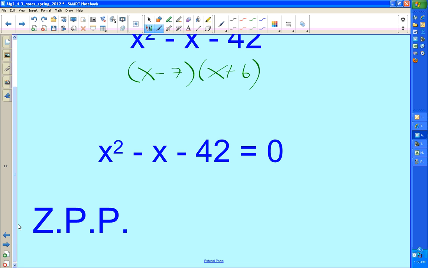When you are solving and you have a polynomial, in this case a quadratic, we change it to a product. Why do we change it to a product? Why do we want this x squared minus x minus 42 to be x minus 7 times x plus 6? Why do we want that?